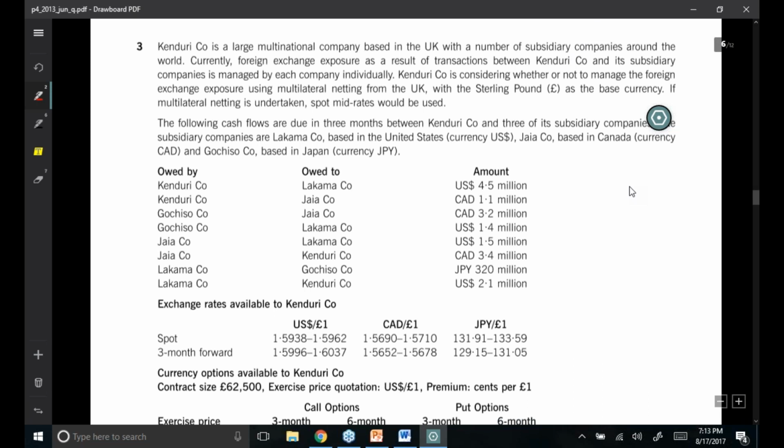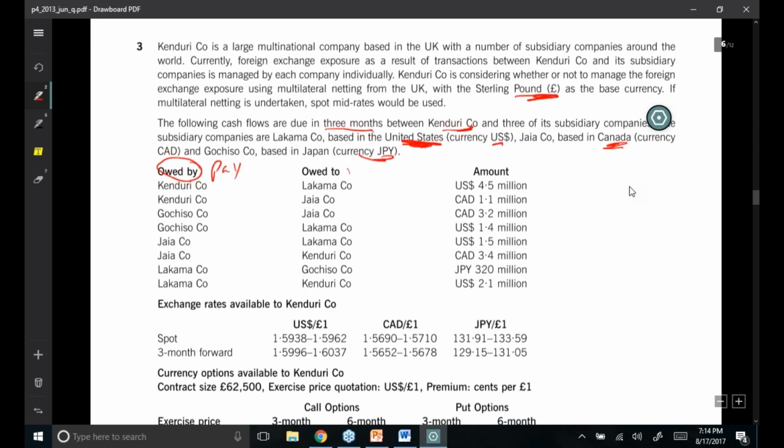So it has many subsidiaries, and the UK company has the currency of pound, and the following cash flows are due in 3 months between the main company and its subsidiaries. One subsidiary is dollar based, the other subsidiary is Canadian dollar based, and the last subsidiary is Japanese yen. Owed by means you have to pay.